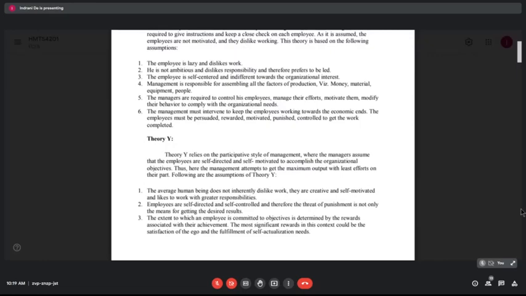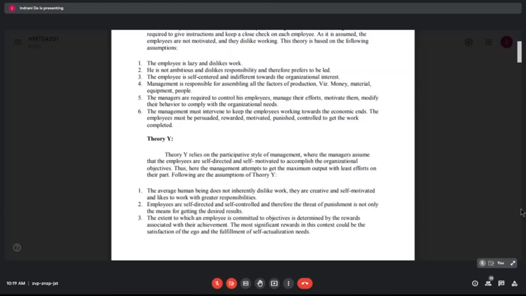When you are getting satisfaction from your job, that will motivate you. There is no requirement that the manager will always motivate you; these things will motivate you. So here, what style of management are we using? We are using the participative style of management.